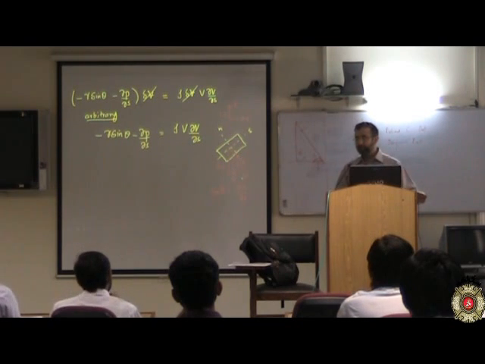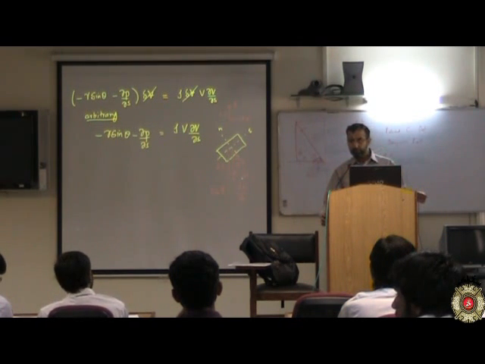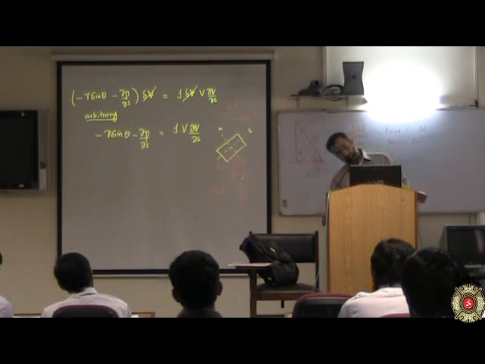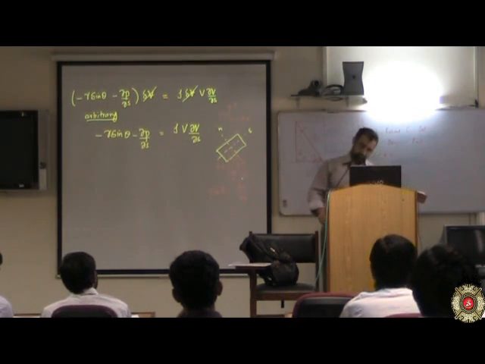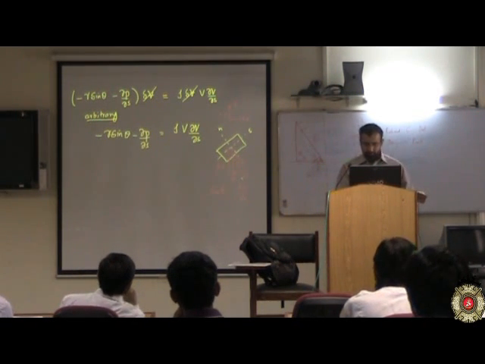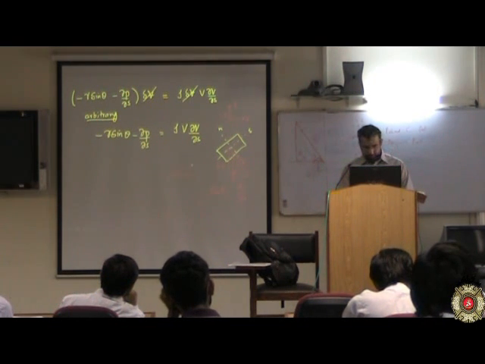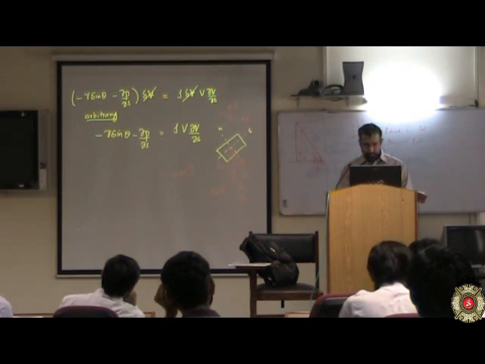Now sine theta can be written as the perpendicular over the hypotenuse. Is this okay? Is this not correct? Okay, hold on. Sin theta is equal to opposite over hypotenuse.